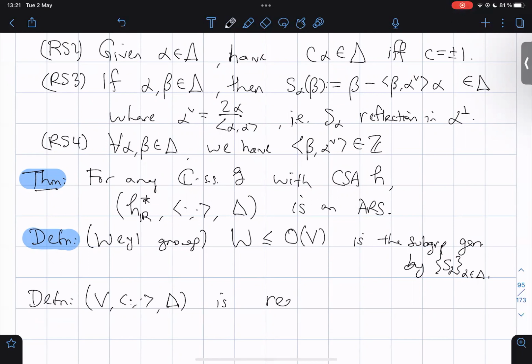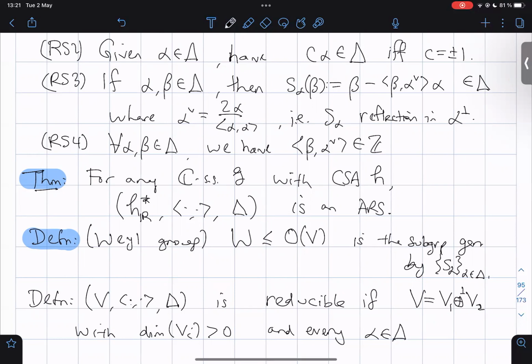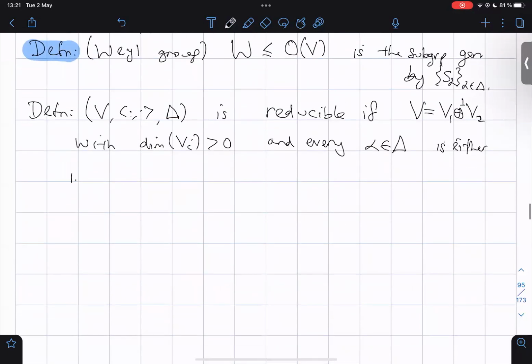This data is reducible if your space decomposes into an orthogonal direct sum of two smaller spaces, V1 and V2, and every root is either in V1 or V2. Otherwise, it is irreducible.